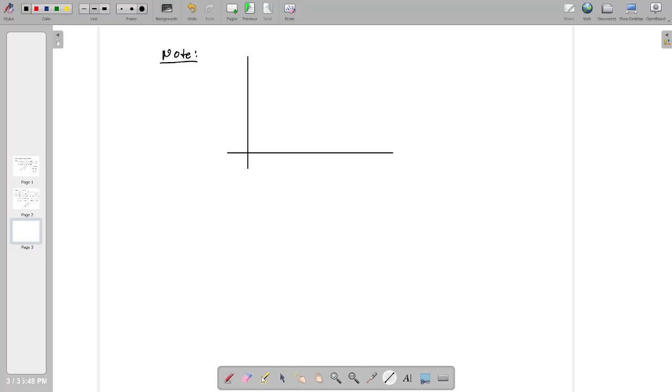Suppose we have our xy plane, and we have our terminal side. Say that we have a point here, P(x, y). This is a terminal point. Suppose we also have another terminal point, P(x', y'). So, if we draw a triangle here and we draw a triangle here, these two triangles are similar triangles.